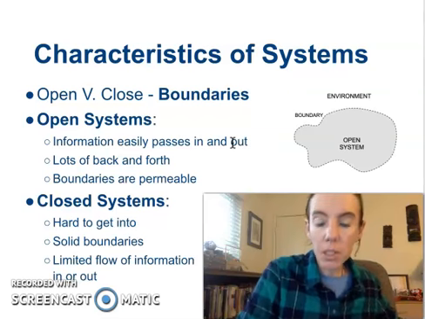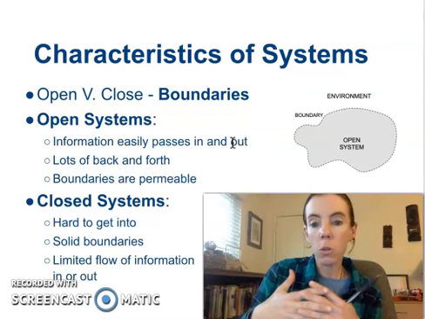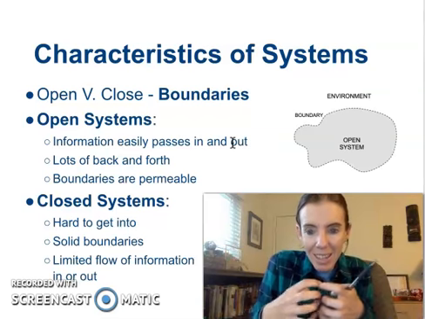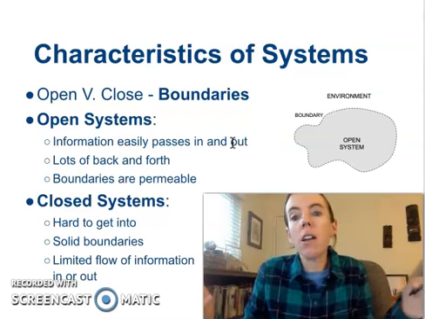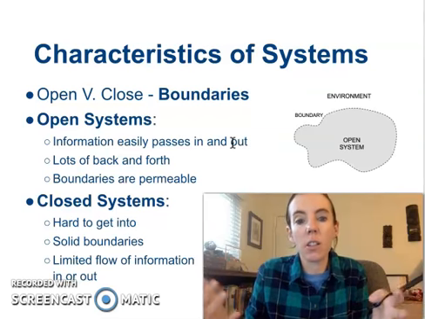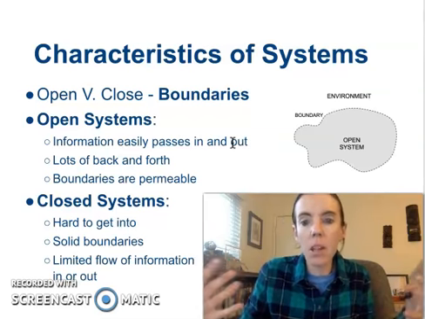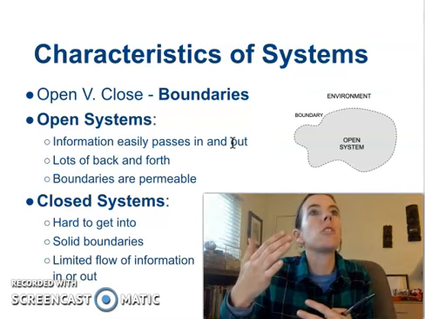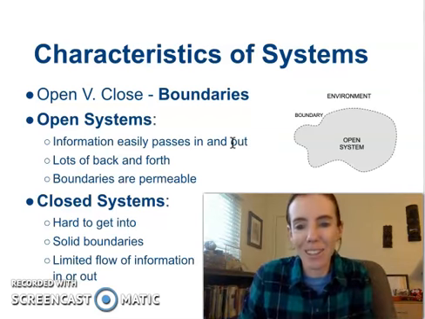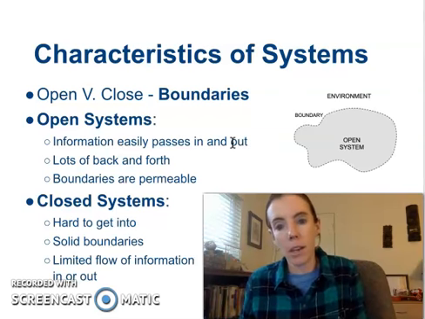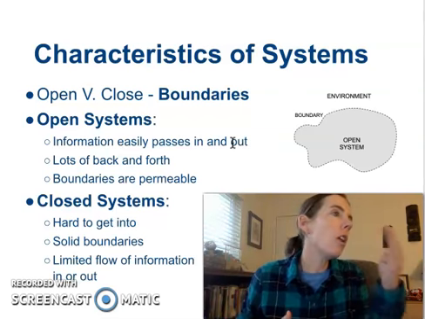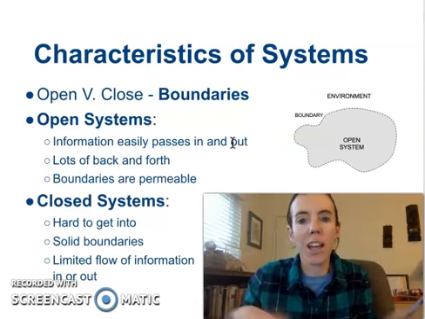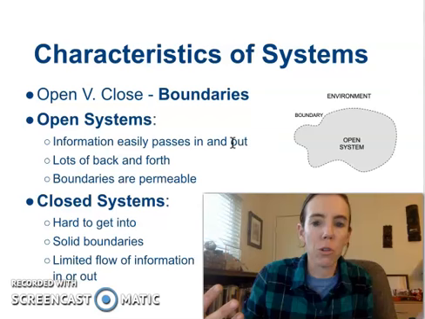A closed system is the opposite of that. It means that those boundaries are really hard to get through, and basically the group stays inside of itself and doesn't get a lot of contact with the outside of the system. So there's very limited information or ideas being exchanged. That would be a situation where you're not talking to the instructor very much, you don't have any interaction with other groups, you're not researching online, and you aren't talking about the group to other people.